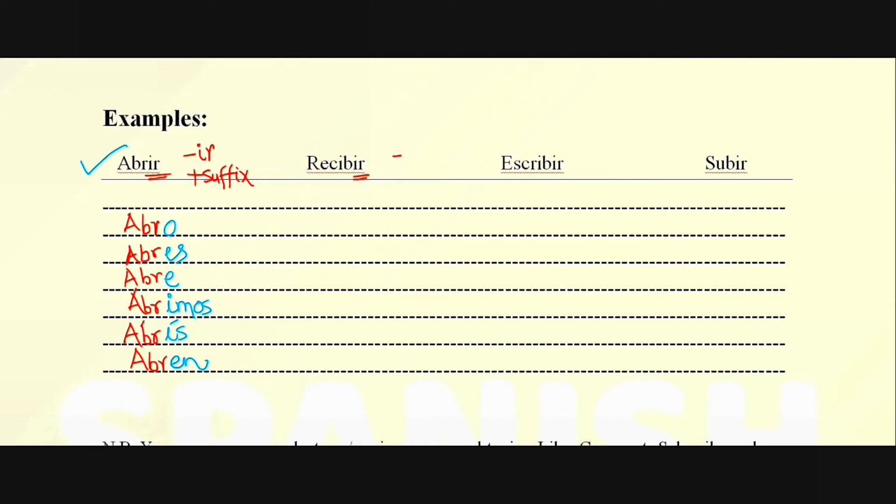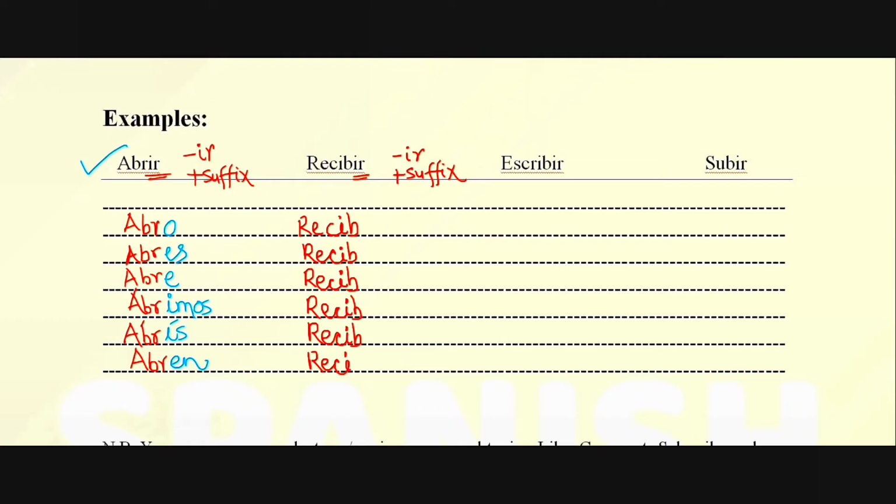Second verb is recibir. IR ending verb, drop it, add suffixes. But before that, you write root word. Recib, recib, recib, recib, recib, 6 times.